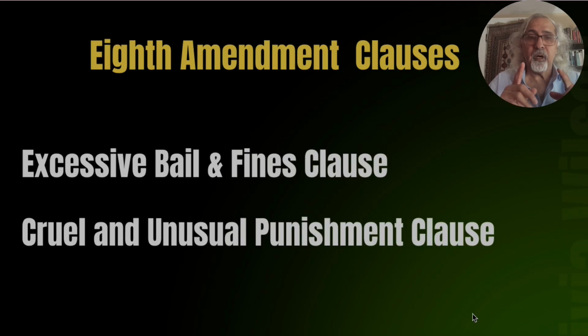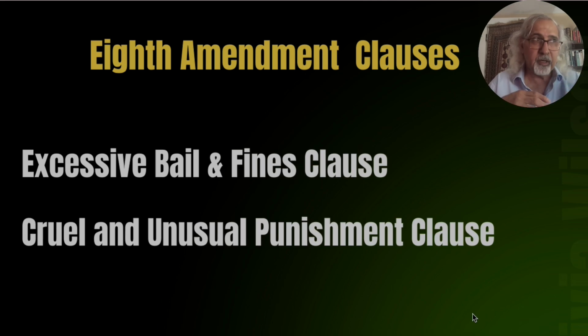And the cruel and unusual punishment clause is important. This is the clause that is invoked when people appeal a death sentence by a certain method, right? So the cruel and unusual punishment clause applies in all capital punishment cases. There is only one capital punishment left standing in the United States, and that is the death penalty.